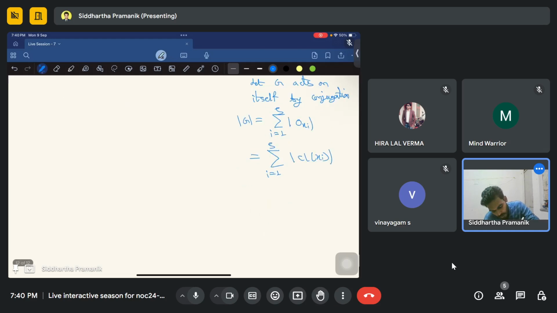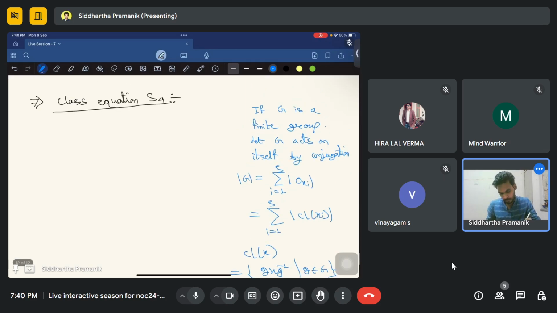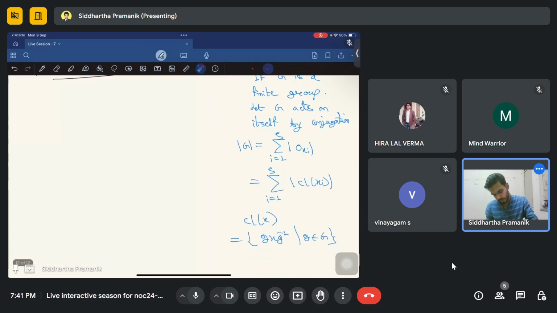What is the conjugacy class of x? It is the set of all conjugates of x. So this equation is the class equation of a group.